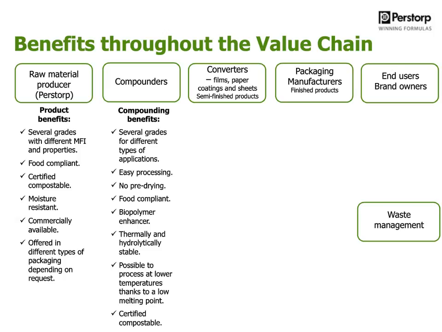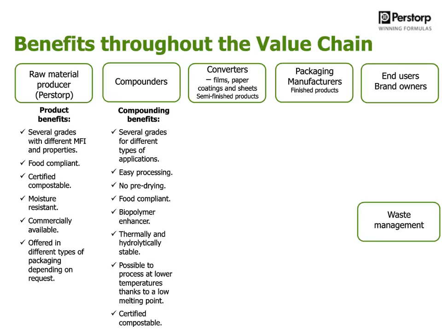Depending on the compounds that they are making, they need to have food compliant alternatives, and they need to find a good solution that cover many of these aspects to not introduce too many components in the final product.